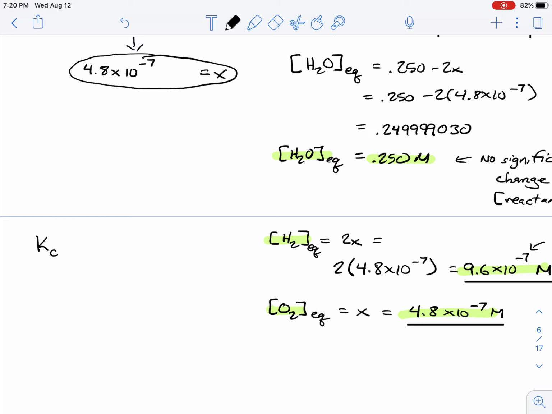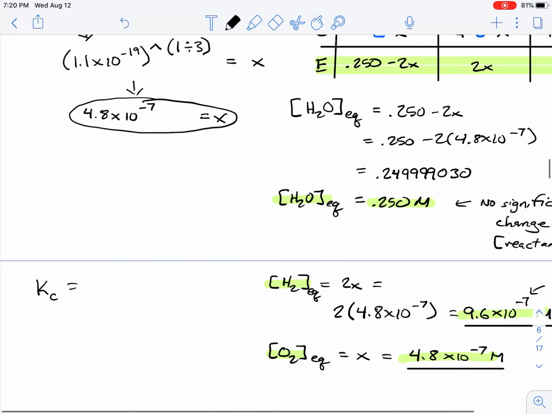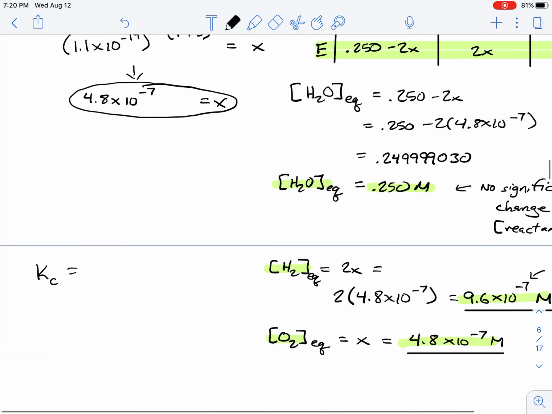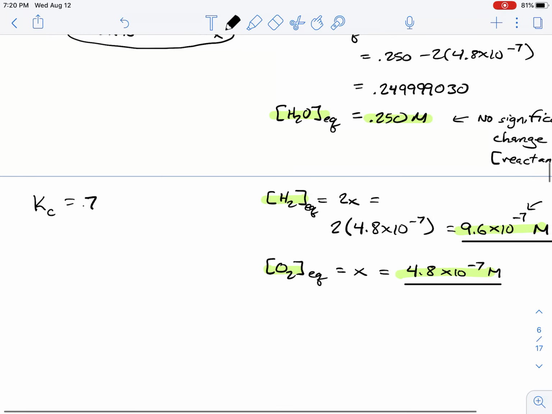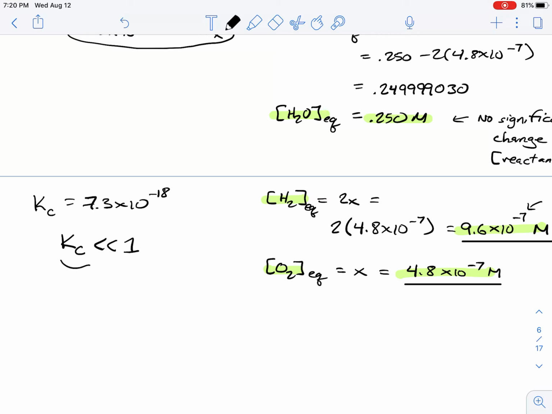The Kc for this problem is 7.3 times 10 to the negative 18. So this is telling us that with 1 as our reference point, Kc is far, far less than 1. And if Kc is far, far less than 1, then the concentration of the reactants is going to be much, much greater than the concentration of the products.